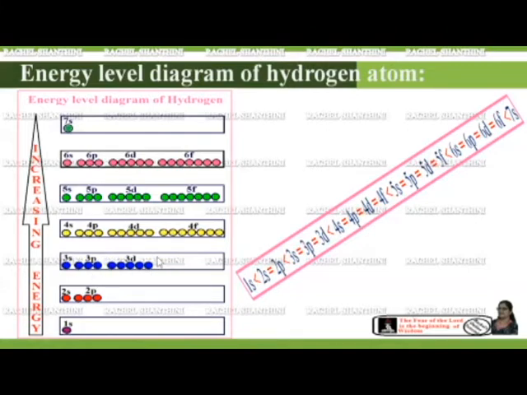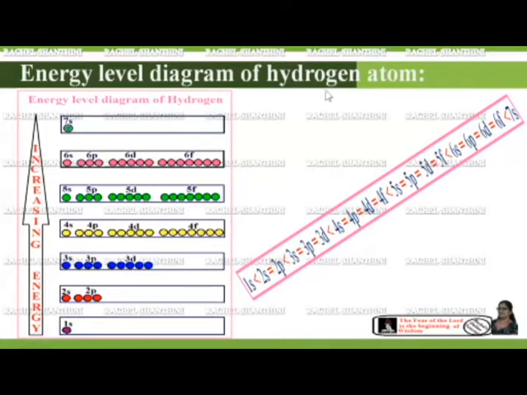same energy. For example, in a single electron system like hydrogen or hydrogen-like species, the energy of the electron, whether it is present in 6s orbital or 6p suborbital or 6d suborbital or 6f suborbital, will have the same energy. Likewise, whether the electron is present in 4s orbital or 4p orbital, 4d orbital and 4f orbital, it will have the same energy.